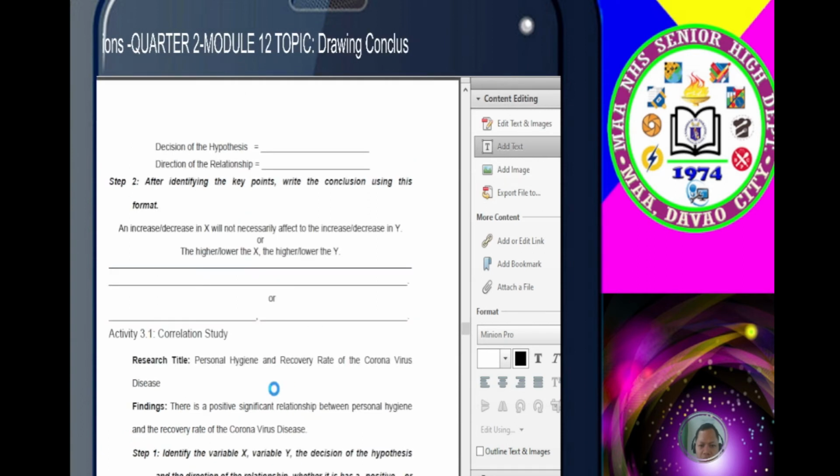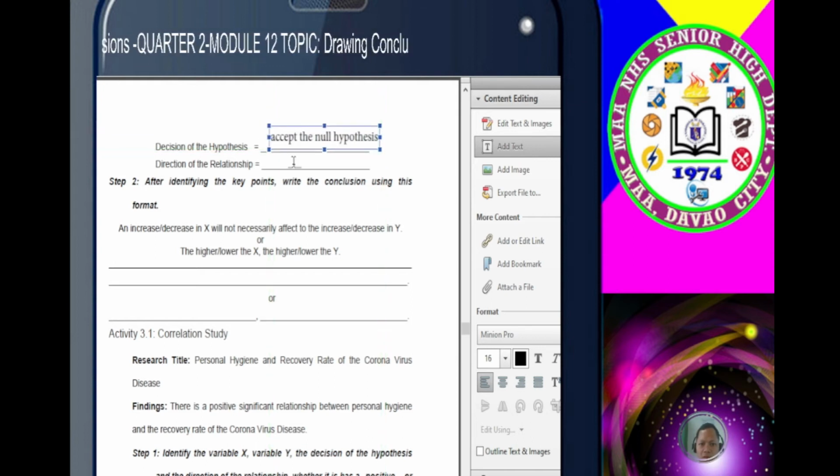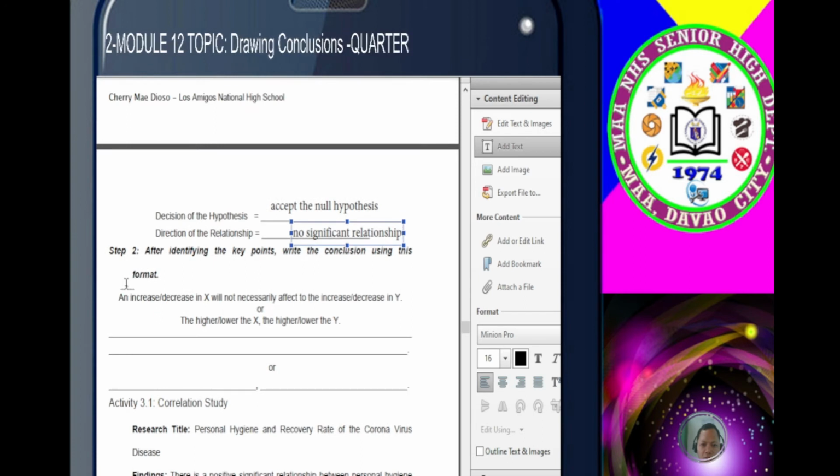We need to accept the null hypothesis. Then our decision direction is, there's no significant relationship. Okay, so we now write our conclusion.